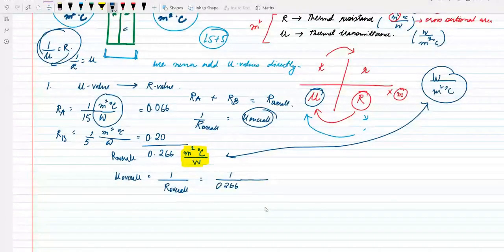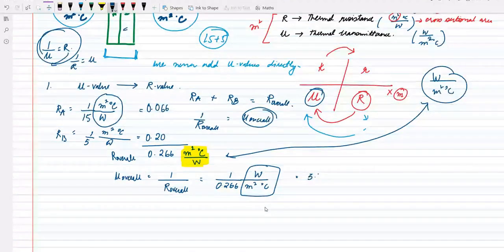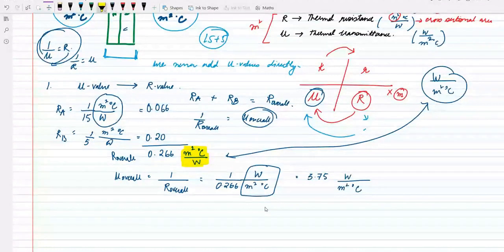Reciprocate the units as well. What will it be? Watt per meter square degree Celsius. So we got the unit, which means that the process that we followed is correct. What would be the answer? 3 watt per meter square degree Celsius. So this is the answer that the question demanded.